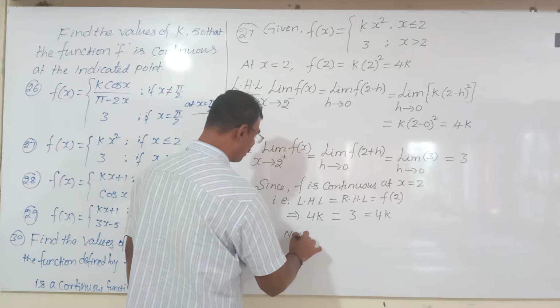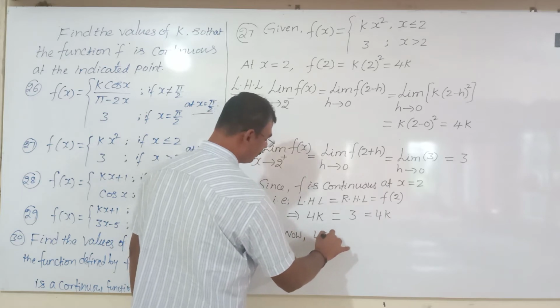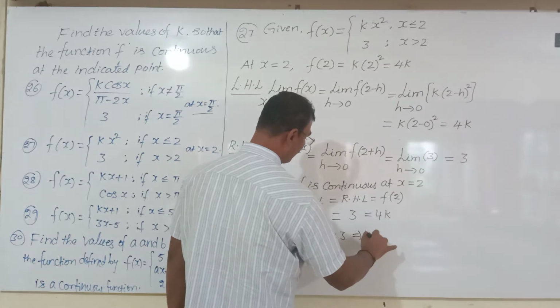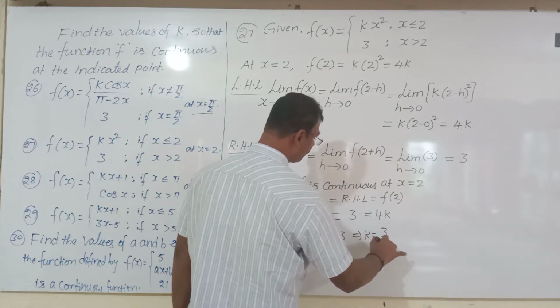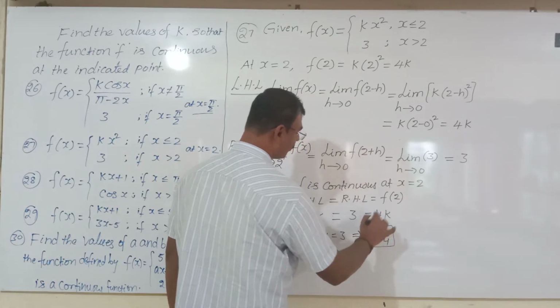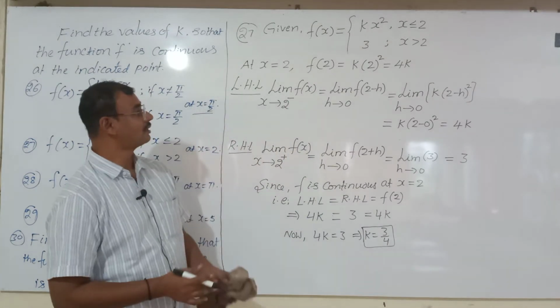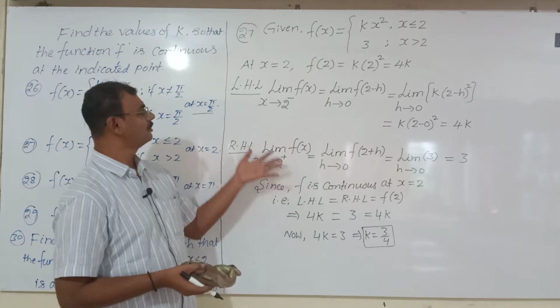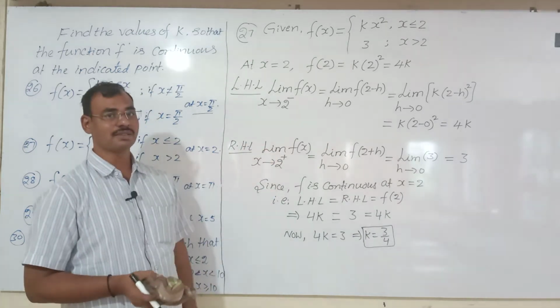Now 4k is equal to 3. From this k will be what? K equals 3 upon 4. Hence proved. So what is the k value? 3 divided by 4.